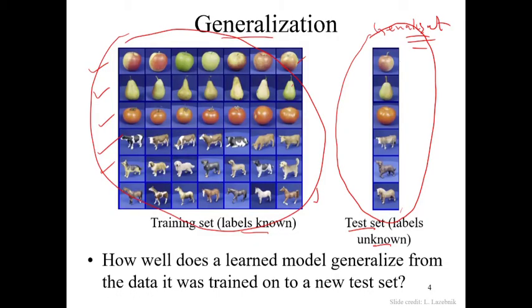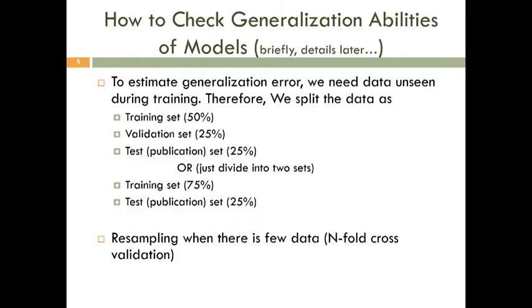Now, to check generalization, there are different ways of dividing your data. How do you check the generalization ability of a model? To estimate the generalization error, we need unseen data, data that has never been exposed to the system during the training.